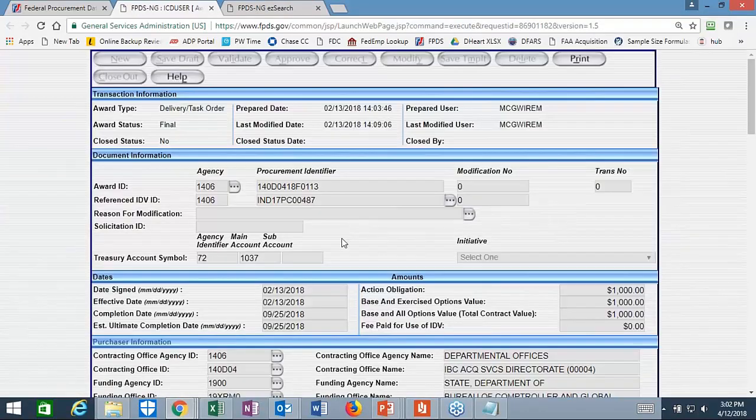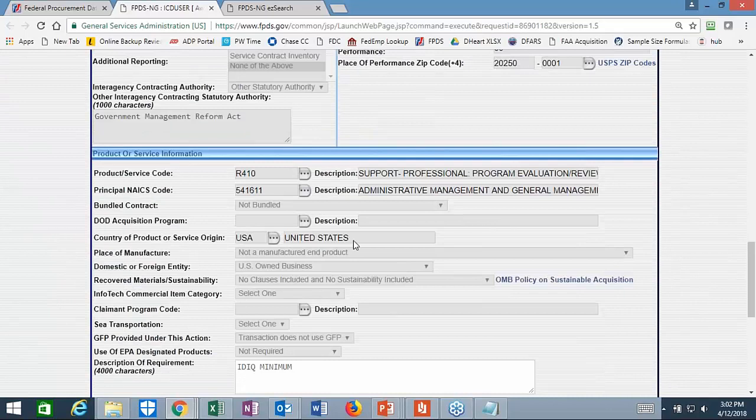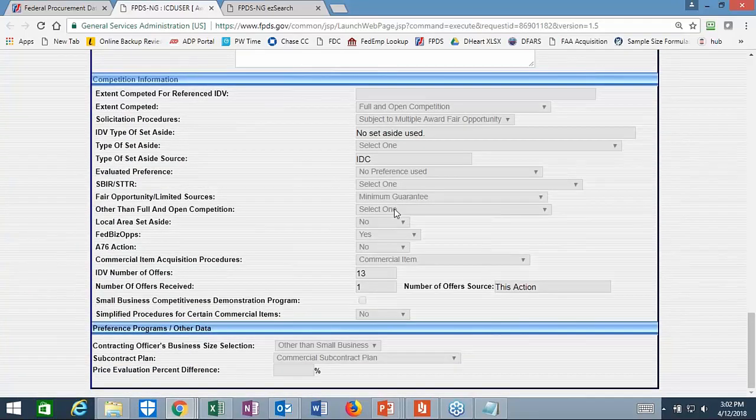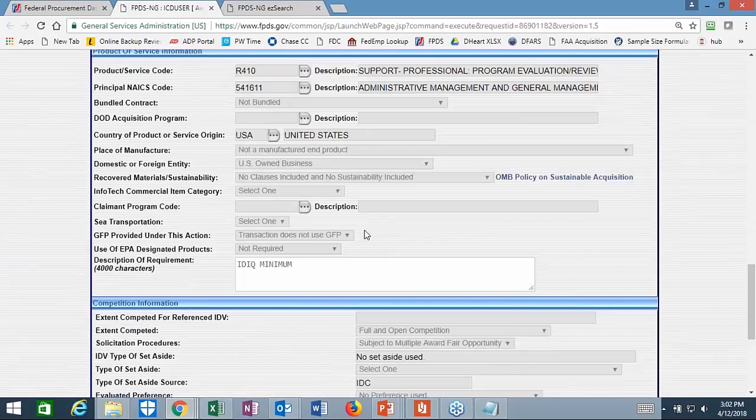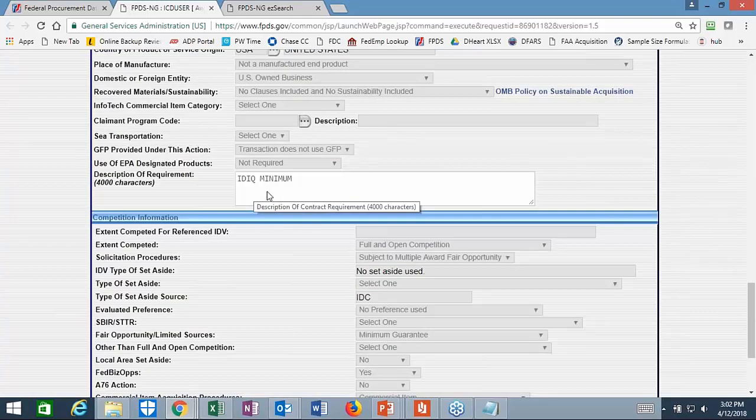So if you come down here they put minimum guarantee. Okay, they got one offer. That looks good. It's against an IDC. That looks good. And they put right in the description requirement IDIQ minimum. So that's a good way to handle that. Again, using the full authority in the FAR.